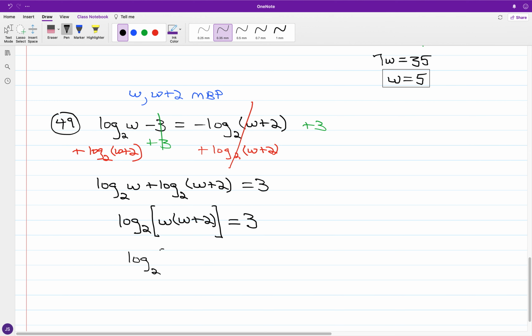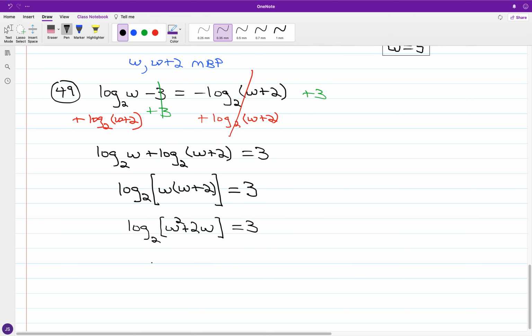And just multiplying together, w times w plus 2 is going to be w squared plus 2w. So I have a single base 2 logarithmic term. And if I take care of the base 2 logarithm, I can treat both sides as powers to which the exponential base 2 is going to be raised.